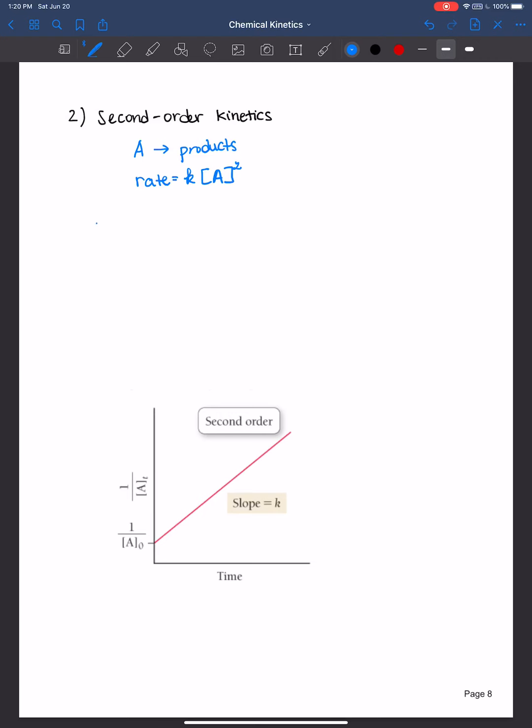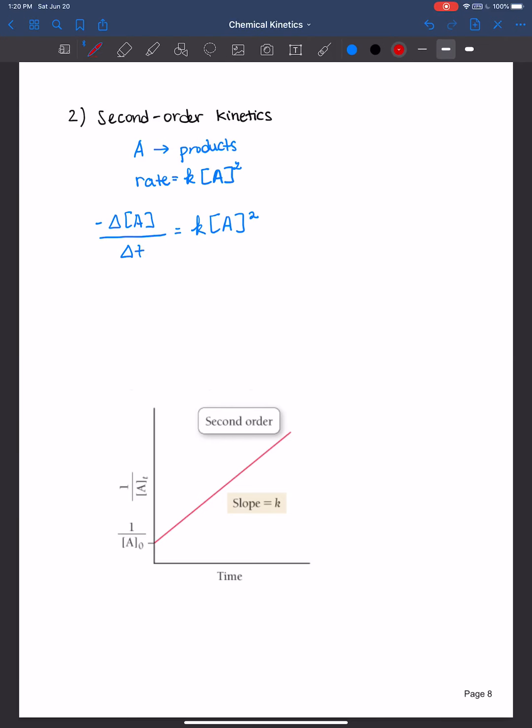Now the reaction rate is still the concentration of A as it's decreasing over time, but now we set it equal to the rate law, k[A] to the second, right? So this is still the reaction rate for this reaction, but now that we understand this is second order kinetics, we set these equal to one another.